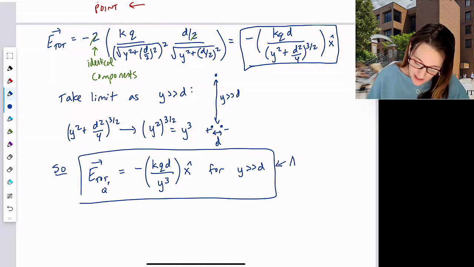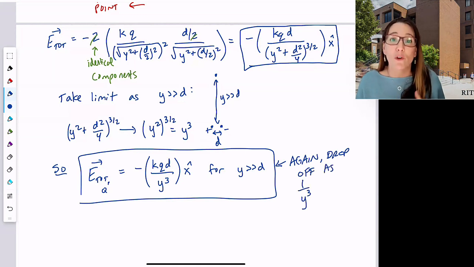So again, this is going to drop off as 1 over y cubed, just like it dropped off as 1 over x cubed before.